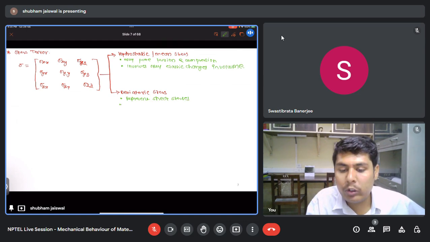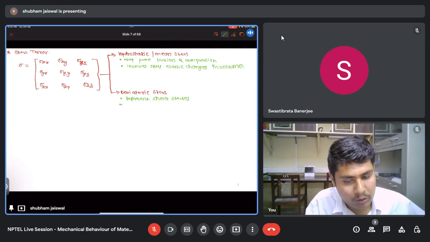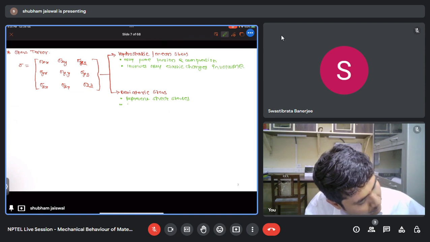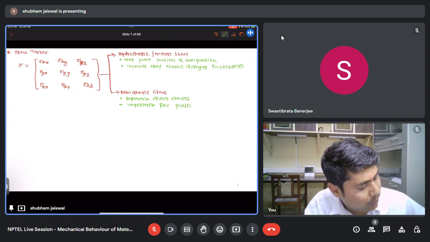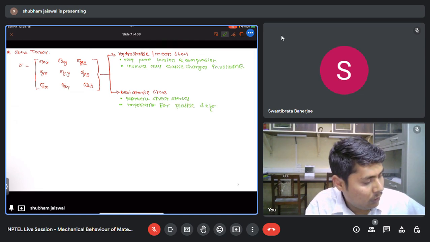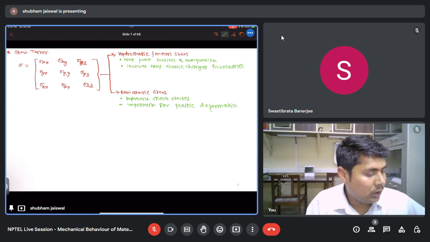And also it is responsible for plastic deformation. So it is important for plastic deformation.